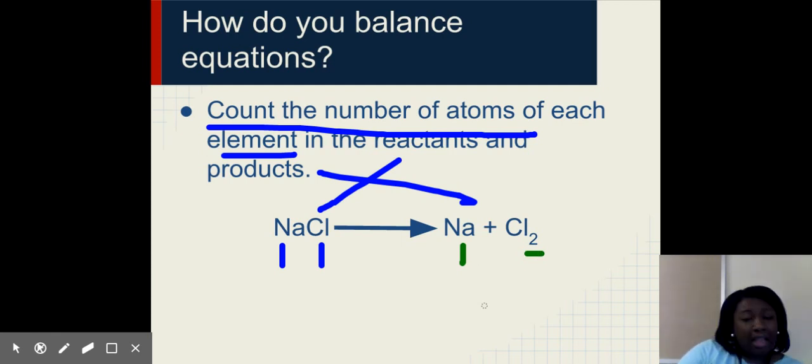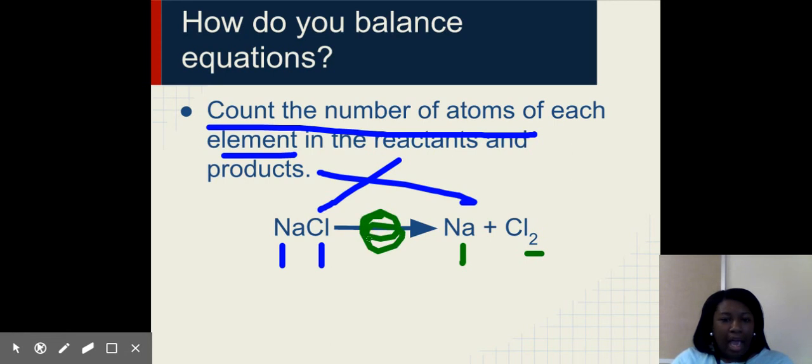I'm going to have to balance this, so we're going to have to add a chlorine somewhere. It's not like it just poof automatically appeared. Right here, something happened. It reacted to make a product. Okay. So we're going to make the equation balance correctly.